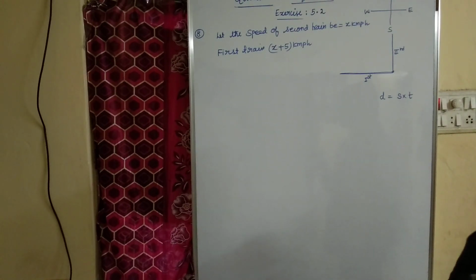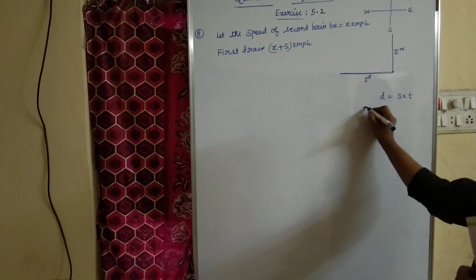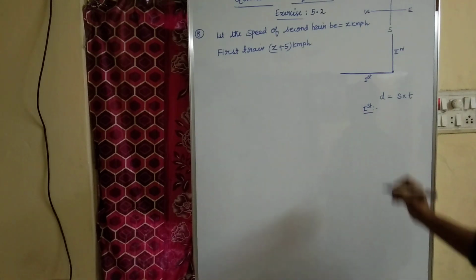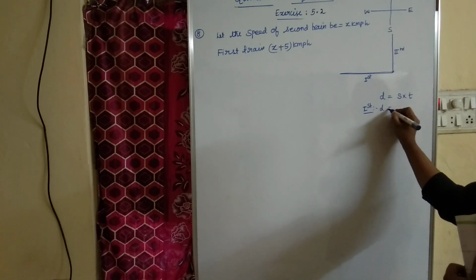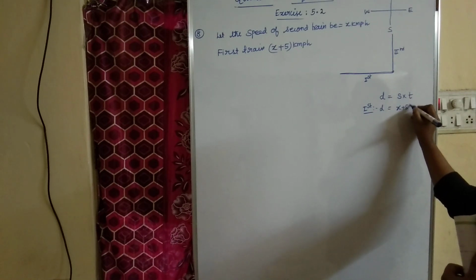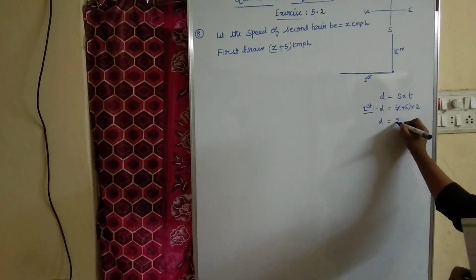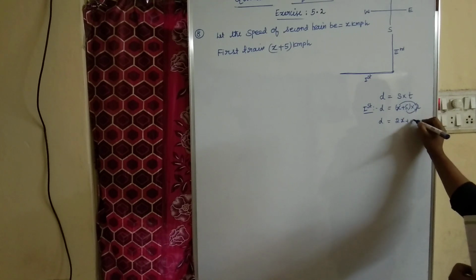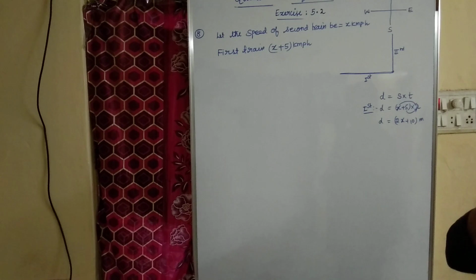First let us find the distance travelled by the first train in 2 hours. As the speed of the first train is x plus 5 and time is 2 hours, distance traveled by the first train is 2 into x, 2x, plus 5 into 2, 10. Distance traveled by the first train is 2x plus 10.